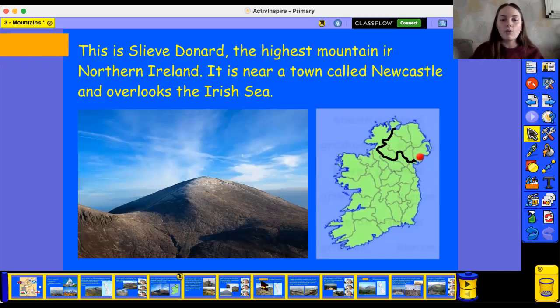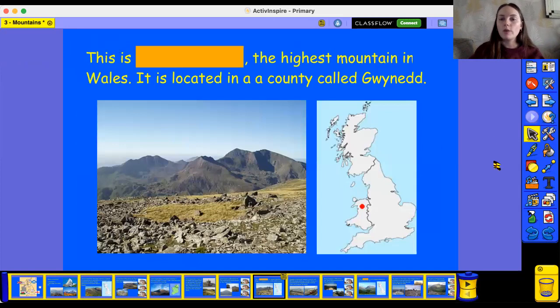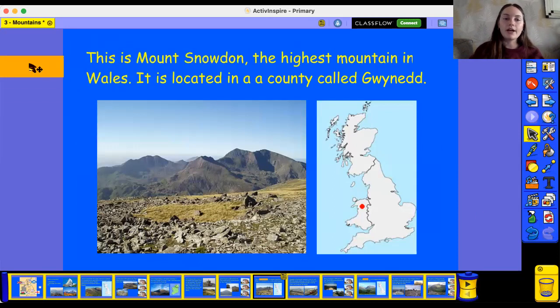Fantastic. What's the highest mountain in Wales? Tell somebody in the room. Brilliant, well done. The highest mountain in Wales is called Mount Snowdon. Let's practice that sentence. The highest mountain in Wales is Mount Snowdon.